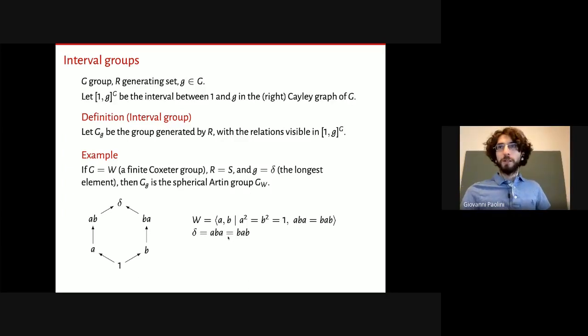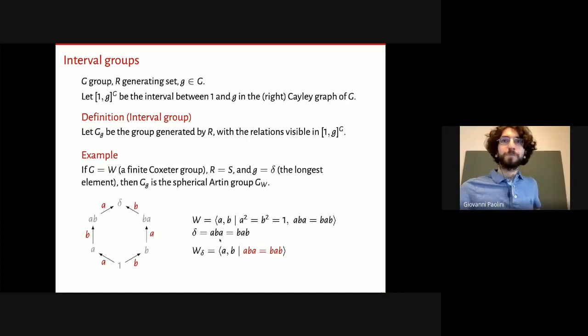Okay, so how do we construct the corresponding interval group? So we look at our interval. Now we actually don't care at all about the vertices of the interval anymore. We only care about the labels of the edges, which are going to be the generators of both our old group G and of our new group GG.